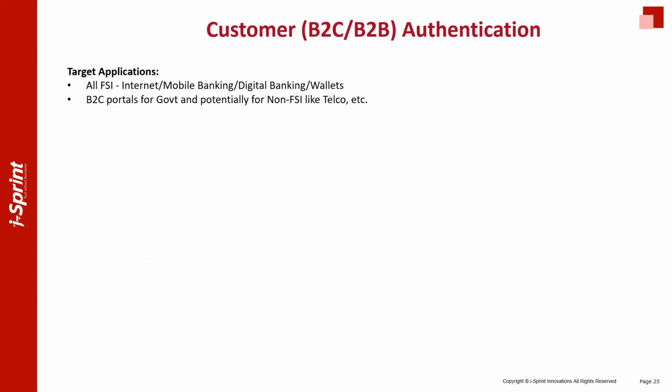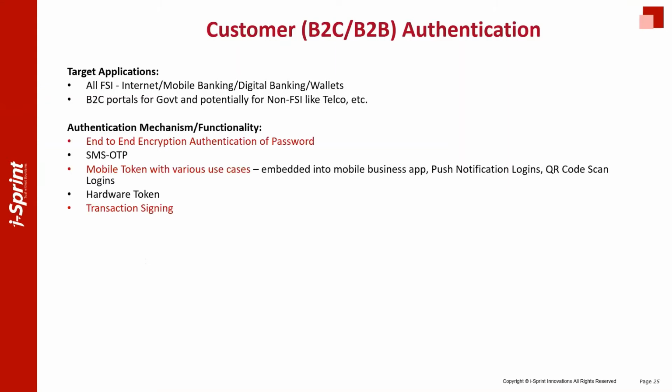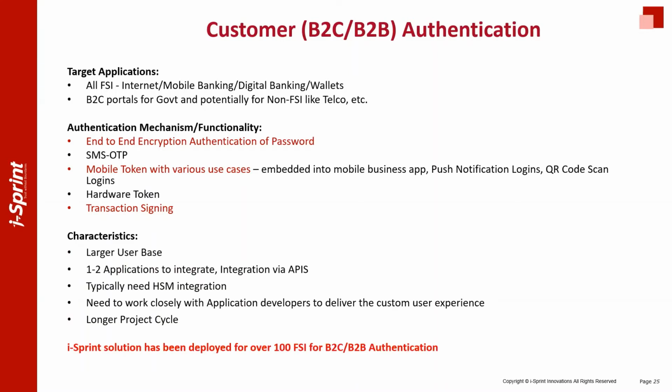Okay, so for external facing, these are the target applications for digital, for example, digital banking, FSI, and then different modules over here, as we can see: end-to-end encryption of the 1FA password and mobile token with various use cases, transaction signing. So these are all the keywords that you should look out for.